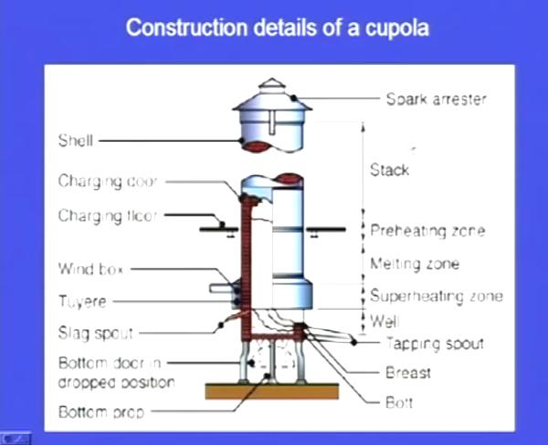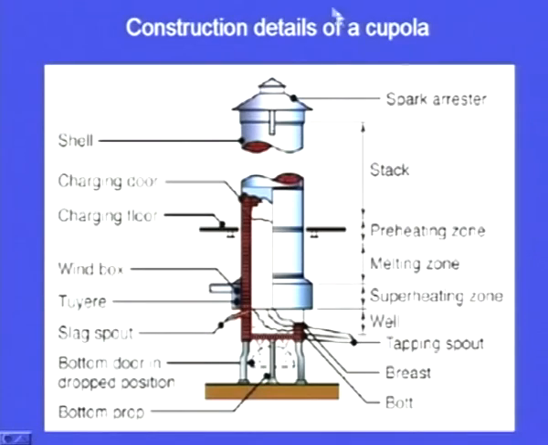So, when the cupola furnace is in operation, fire will be generated, sometimes burning cokes will be flying. So, these are to be stopped, these are to be arrested. So, this is the spark arrestor.